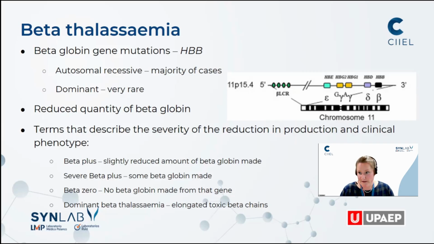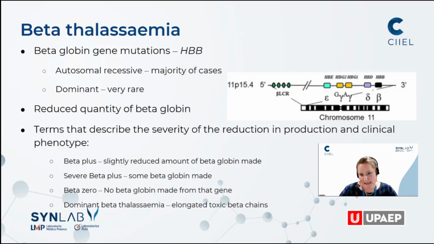There are some very, very rare dominant forms of beta thalassemia where the clinical condition is expressed in a heterozygote. And those types of mutations are usually acting in a dominant negative fashion. So this is where most commonly there is an elongation of the protein, which can cause these toxic inclusions.